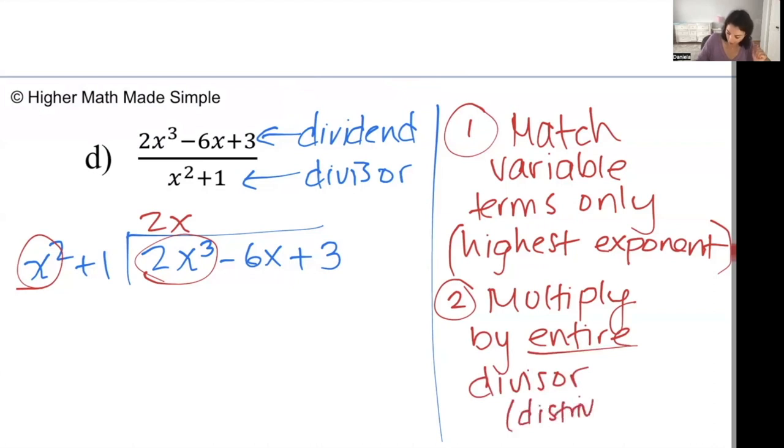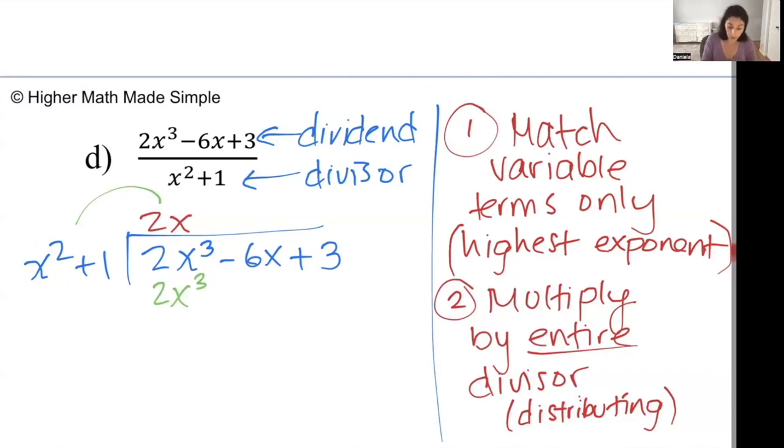Because remember, the entire divisor is a binomial. I just wanted to fix that because it was bothering me. So we should be distributing that 2x, whatever we have matched. So 2x times x squared is 2x to the third. Notice they match. That was the whole point. And then 2x times 1 is going to be plus 2x, okay?